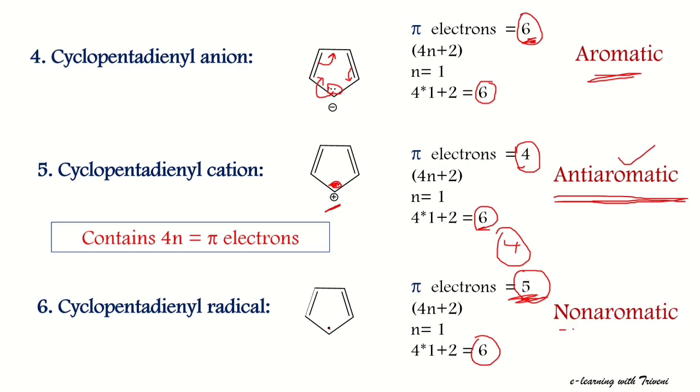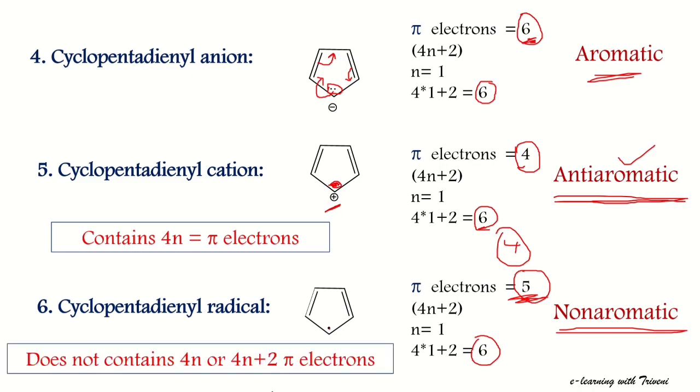So it is non-aromatic. It is not at all following Huckel's rule. That is the reason this comes under the category non-aromatic. It does not contain 4n pi electrons and also does not follow the 4n plus 2 rule.